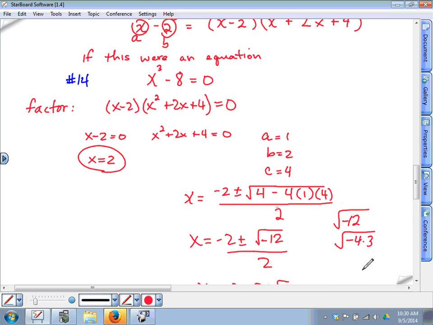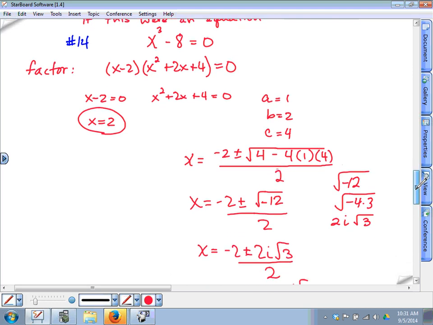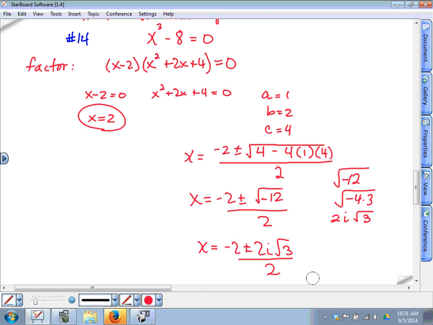What's the square root of -4? 2i. Yep. So the -4 comes out as a 2i, and the 3 stays on the inside. So it's 2i times the square root of 3. So that would be your next step, is to replace the square root of -12 with 2i root 3.